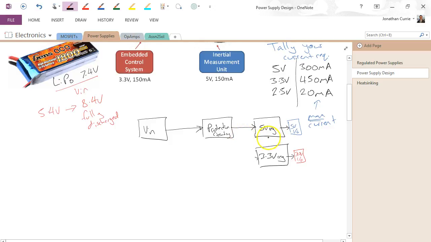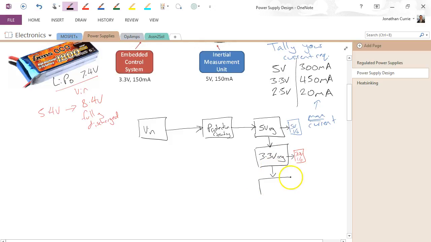What we could do is, in series with the original 5 volt regulator, we could then place our 3.3 volt regulator. Now the volt drop is only 1.7 volts instead of the approximately 5 we had before, and therefore the power dissipated across this device is going to be much lower, and therefore should be more efficient.